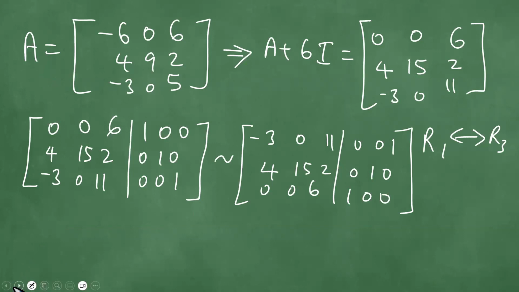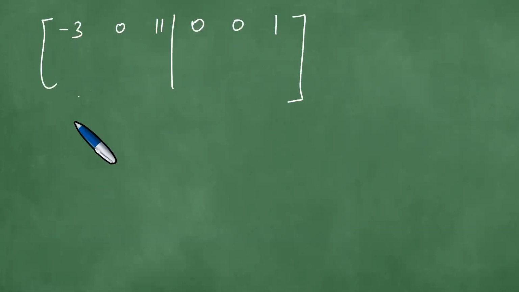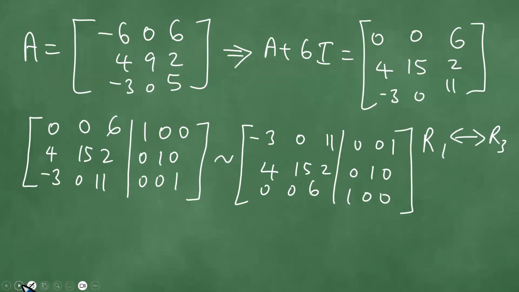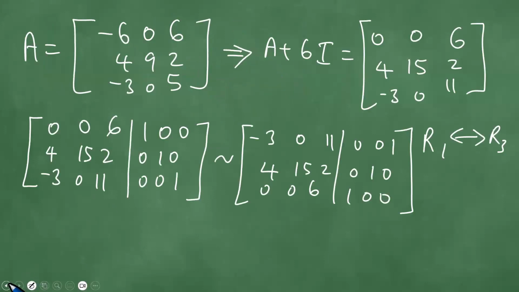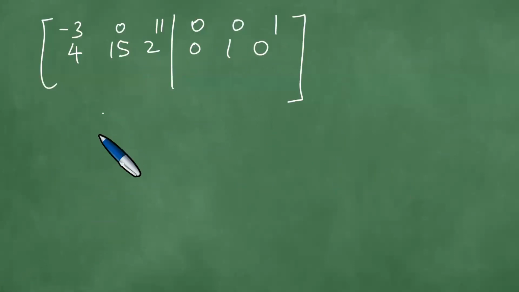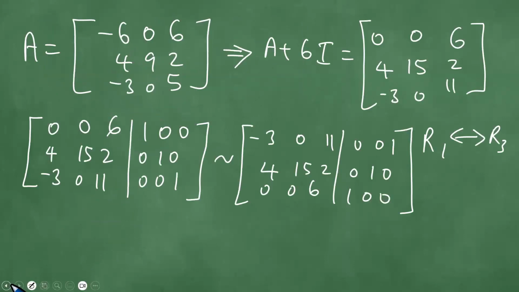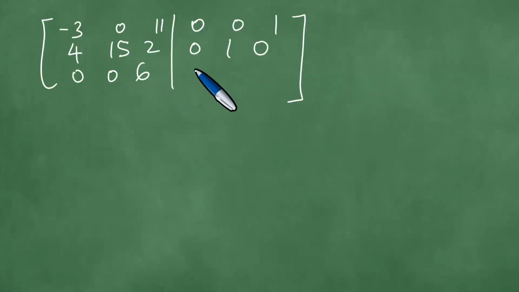Okay, let's look at 4, 15, 2. And then 0, 1, 0. Which is double 0, 6. 1, 0, 0.